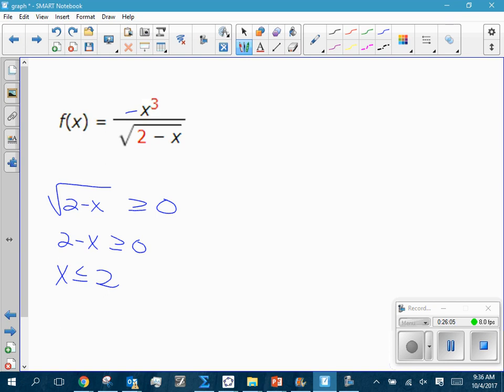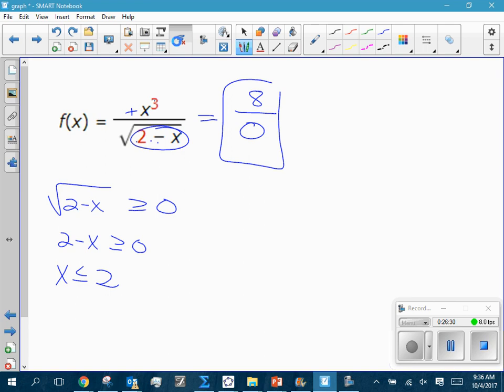Can you take the square root of 0 by itself? Yes, you can. Okay, so if I have 2 cubed, I get 8 up top. Square root, if I put 2 in there, square root of 0 is 0. I can do that algebra by itself. But can I do that algebra now? No. So what does that tell me I had to do with that value of 2? I had to exclude it.